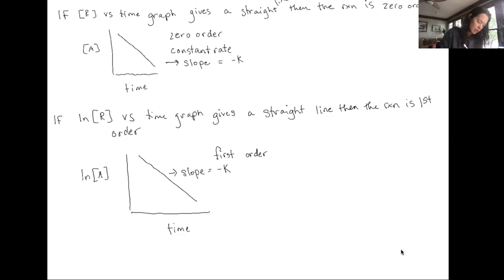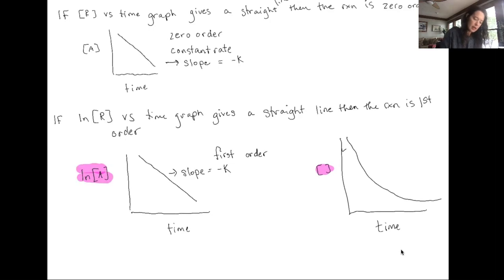All right, let's assume that this is first order, but I did not graph the natural log of the concentration. I graph the concentration versus time. I will get a graph that looks something like this, okay?